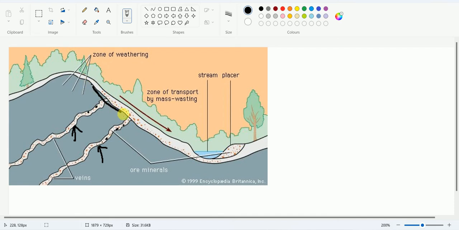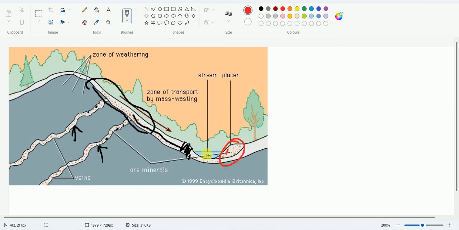And here in this area, weathering is taking place. That is, breaking down of the rocks is taking place on the slopes of the mountain, and those debris, these rock fragments mixed with the minerals, are carried downwards, maybe by running water or rainwater, and deposited here at the foothill, or here on the bank of the river.